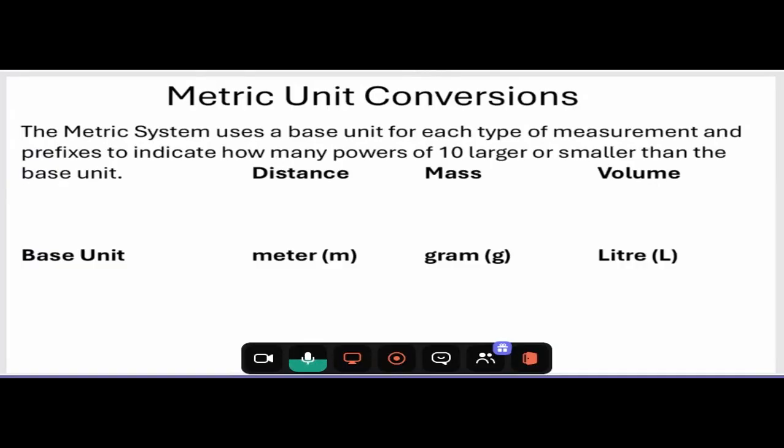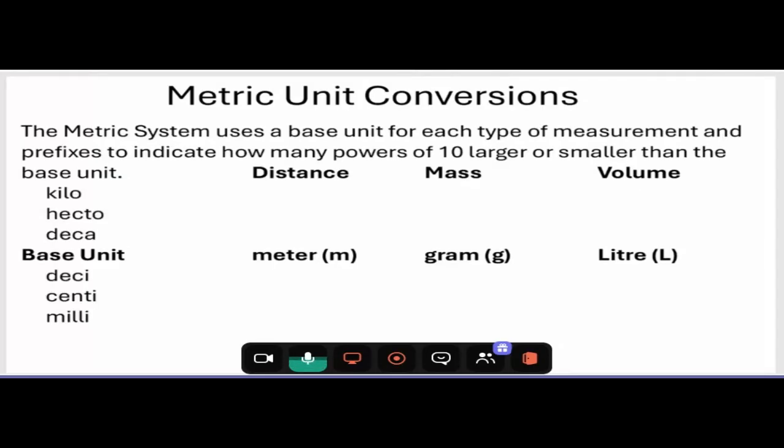You actually do see metric prefixes with your computer memory, applied to kilobytes and megabytes and terabytes. Those are all metric prefixes put on memory storage, bytes. But we're not going to talk about that. We're just going to focus on distance, mass, and volume. So those are the base units, and you can see here that the base unit for distance is meters, the base unit for mass is grams, and the base unit for volume is liters.